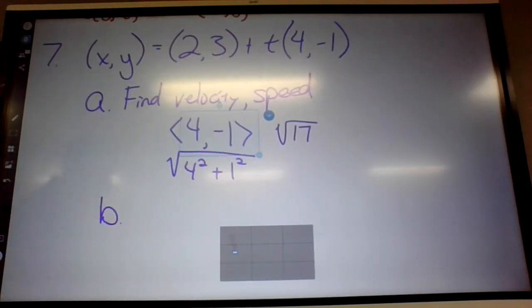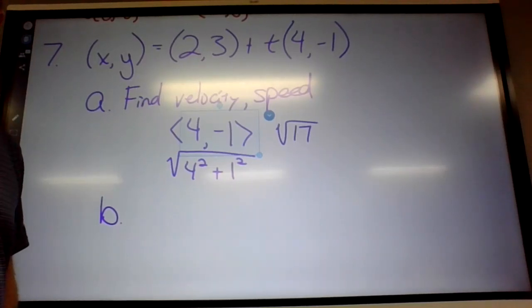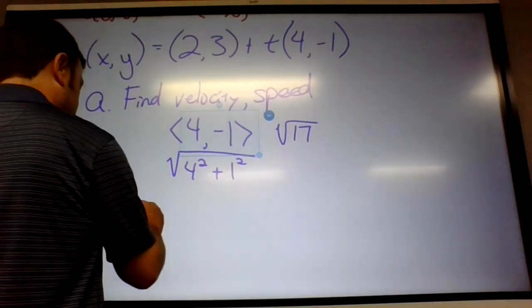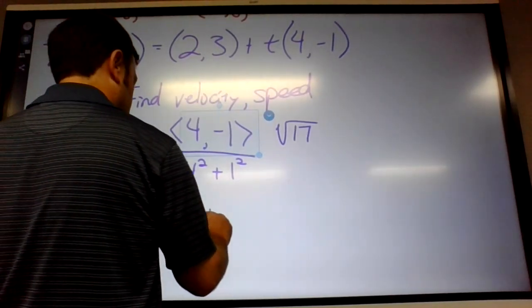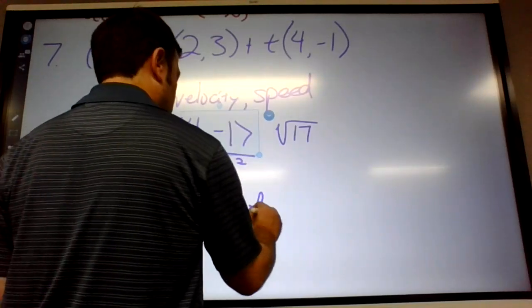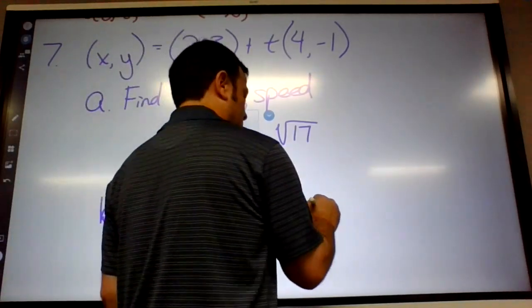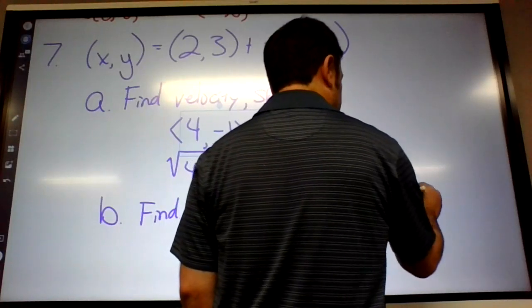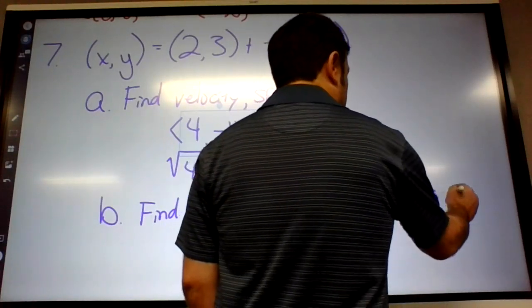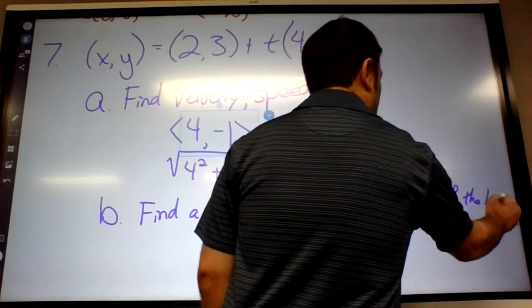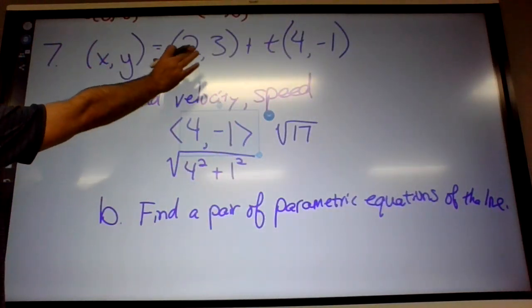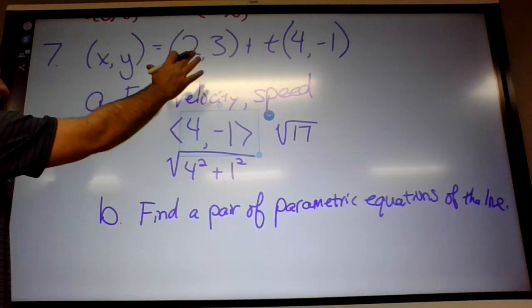And there is a second question. Find a pair of parametric equations of the line. That just means write this as an x equation and a y equation separately.